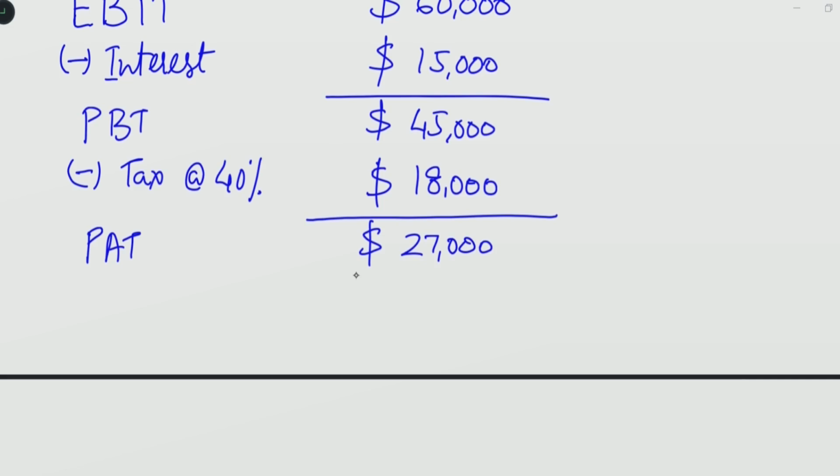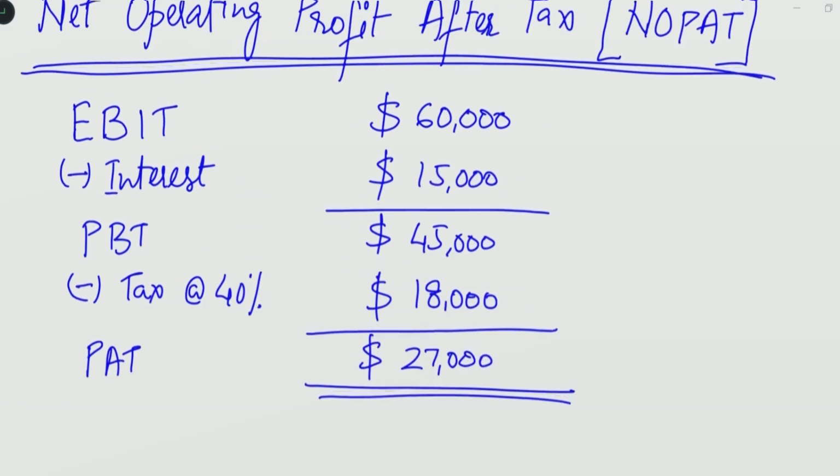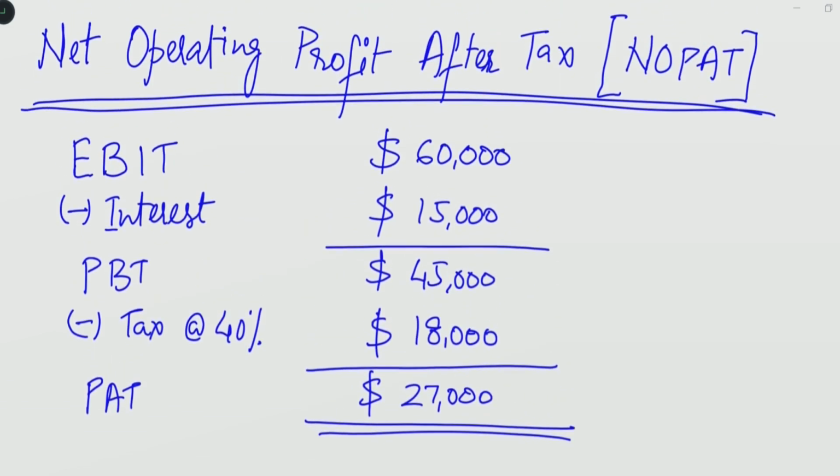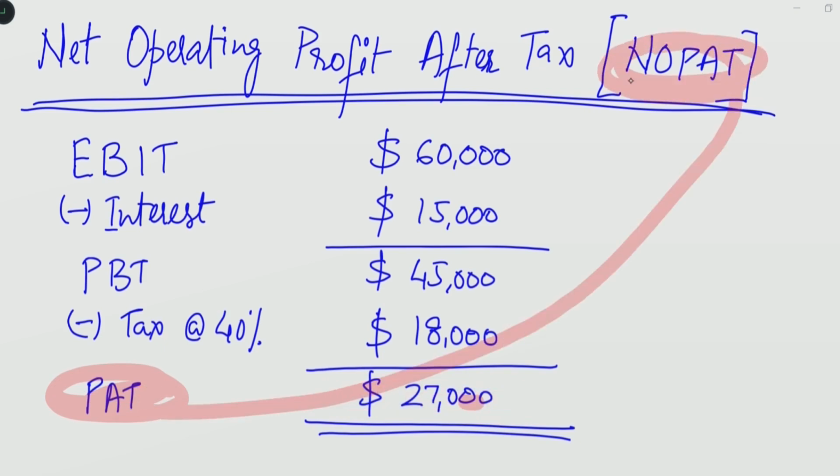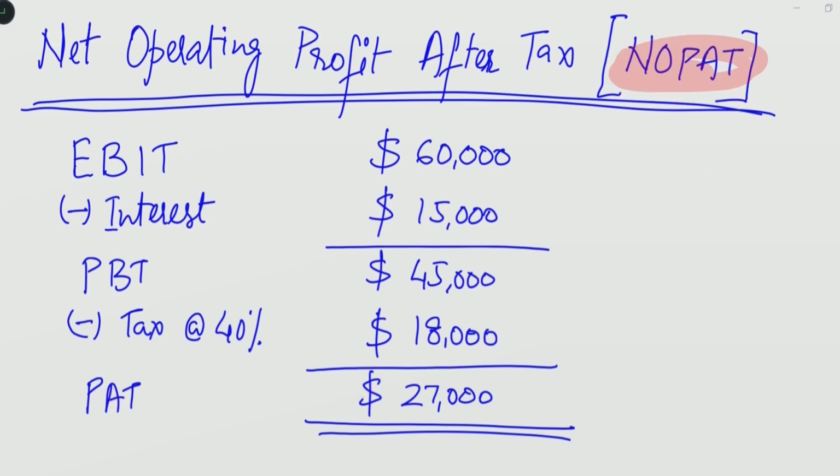So your profit after tax is $27,000 in this example. But this is profit after tax. We want not profit after tax. What we want is net operating profit after tax. So the question is, in this scenario, how do we determine net operating profit after tax?